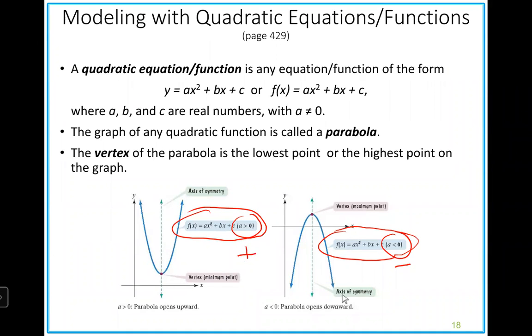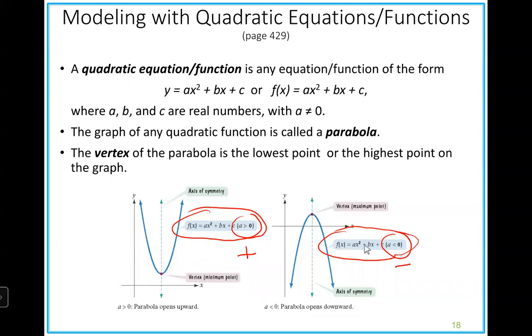Now, you see this A? Where is this A in the formula, in the equation? What is the A in front of? X. No. The A is not in front of X. B is in front of X. The A is in front of what? The square number. X squared. X squared.